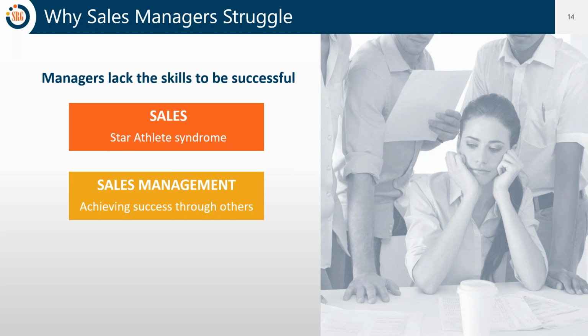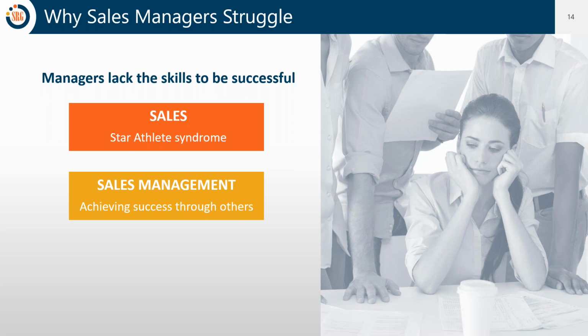So there's really a mindset difference between being an individual contributor and being a manager. And as a sales manager, the classic definition of management is that you achieve success through others. As a manager, it's critical that you make that shift in mindset to saying, I'm no longer the individual, I'm no longer a super sales rep who happens to be managing 7, 8, 9, 10 people.